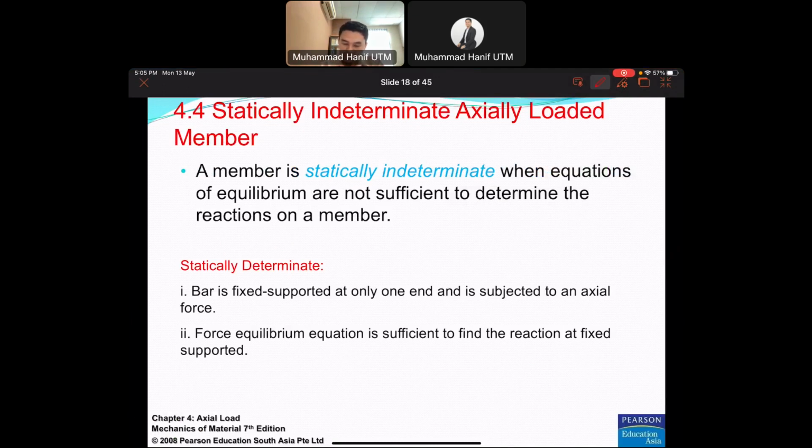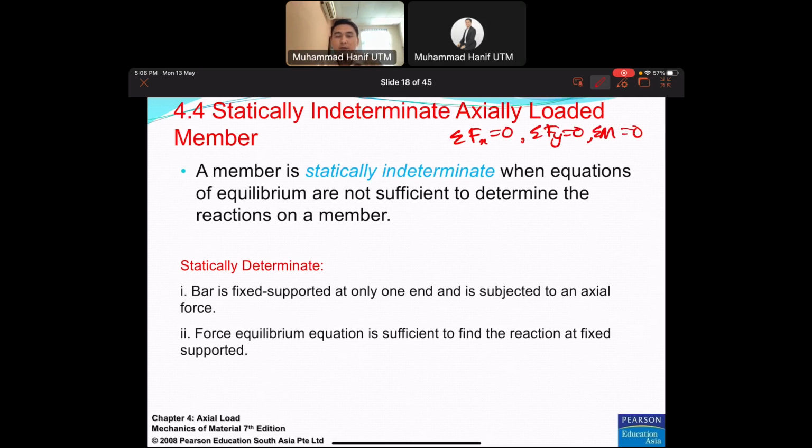If you still remember, the equation of equilibrium is the summation of forces equal to 0, either in x or y, and also the moment. So in some cases we cannot use these three formulae to solve the problem. If we cannot use these formulae, then we have to create our own equation.